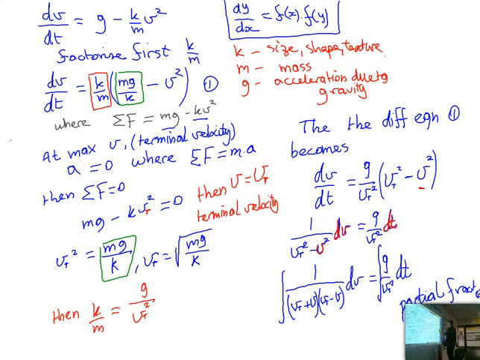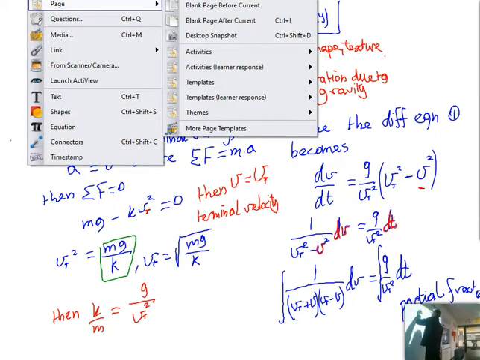All right, so let's do some partial fractions. So we have 1 over (Vt plus V)(Vt minus V).